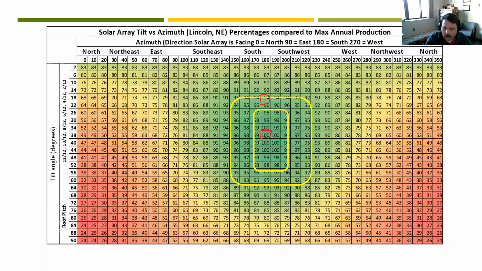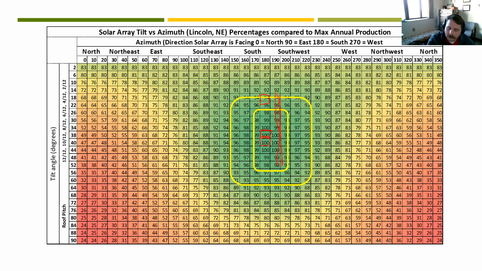Well, it could be 42. You're within 0.5%. It's no problem. You can see that there's actually more space on the tilt. It's less sensitive on the tilt than it is on the azimuth. The azimuth is a little more sensitive. I lose production quicker when I start changing it to different angles.